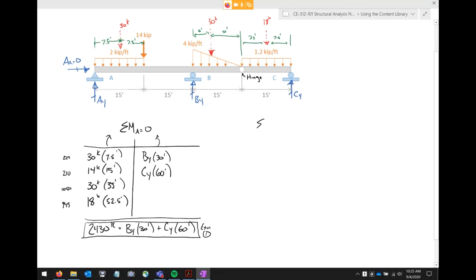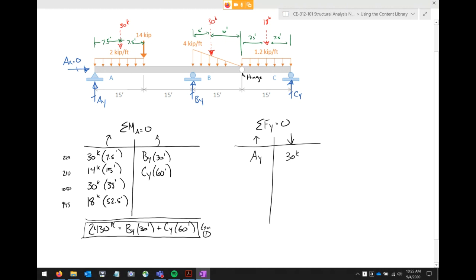What about sum of forces in the y direction? What happens there? Are we going to get anything different? Well, what do we have? Let's look at the structure, starting from the left to the right. So we have AY going up.